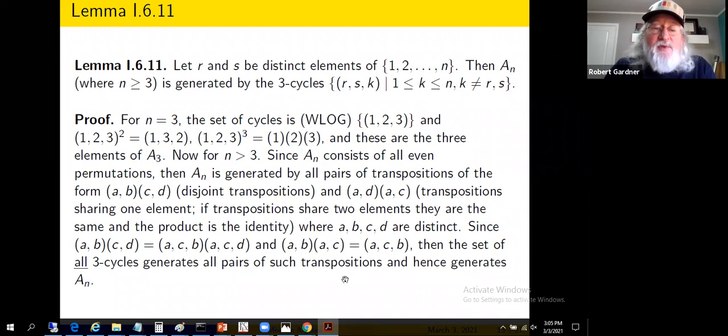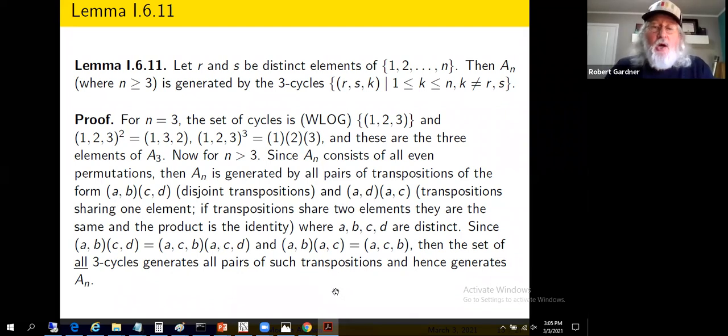So we're making an observation here that if we take, instead of the stuff on the left, those kinds of products of pairs of transpositions, the stuff on the right, which involves 3-cycles, if we take the set of all 3-cycles, that generates all pairs of such transpositions, this type, and so generates all of A sub n, because the transpositions of this type and this type generate A sub n.